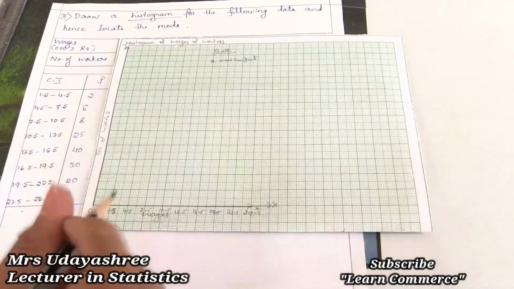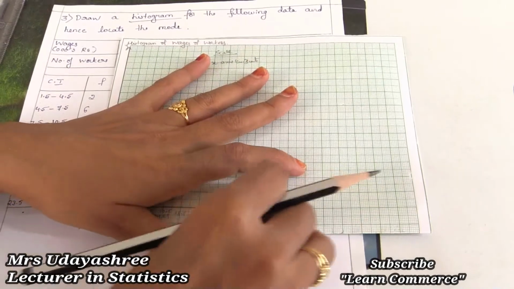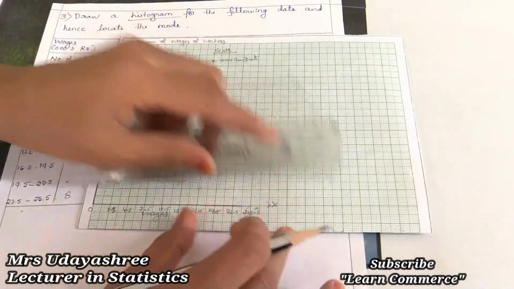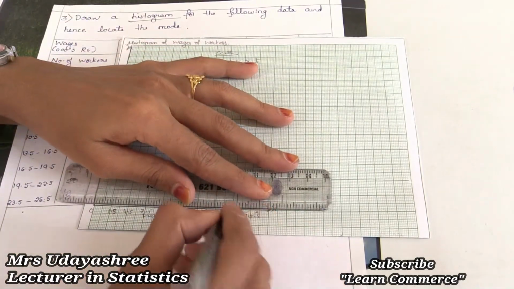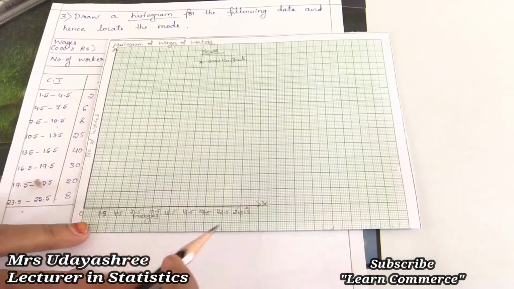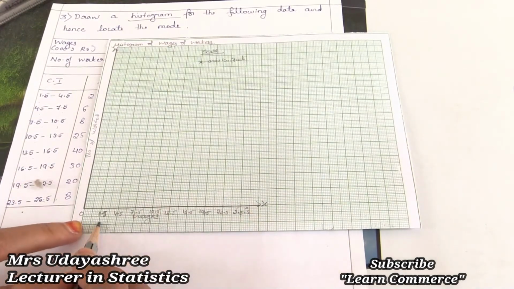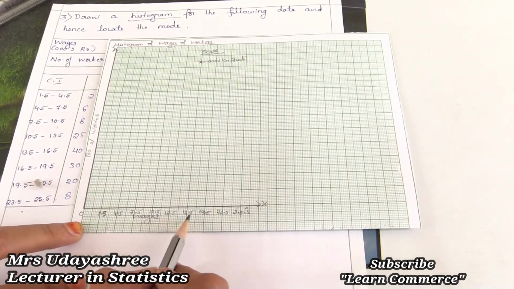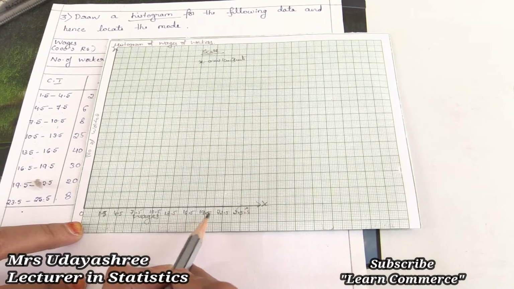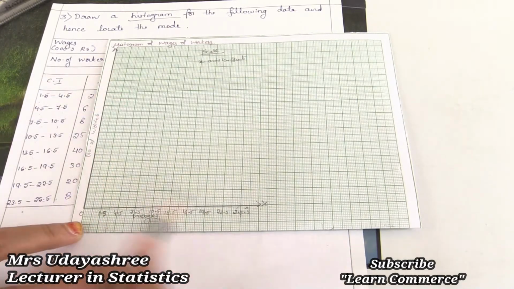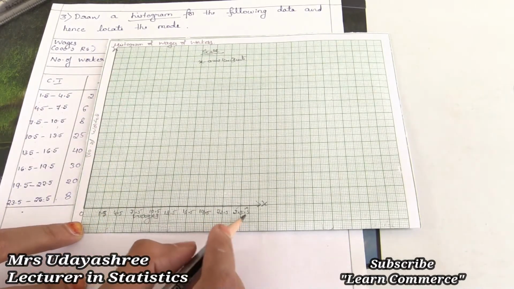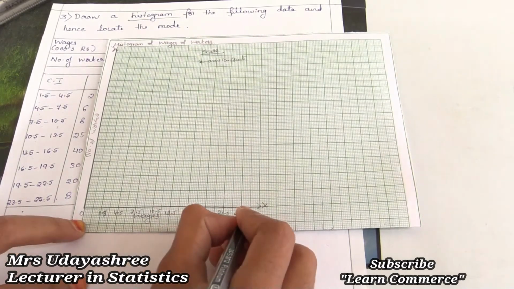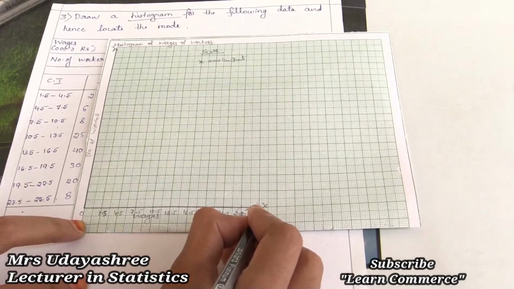So this is the x-axis. The observations are 1.5, 4.5, 7.5, 10.5, 13.5, 16.5, 19.5, 22.5, and the last one is 25.5.